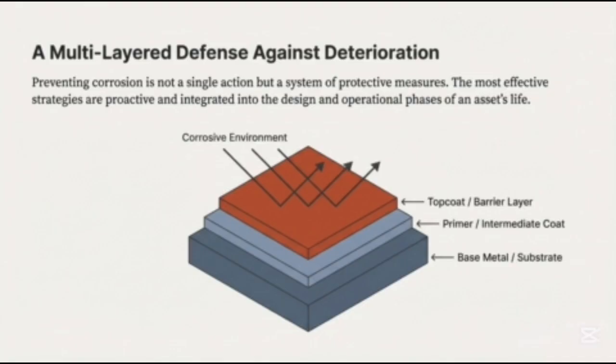The main idea is to apply several layers over the material to be protected. These layers are less expensive, less susceptible to corrosion, and can be replaced if damaged. Examples of materials used are shown in the diagram.